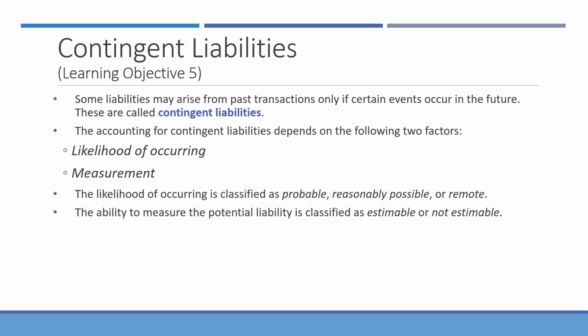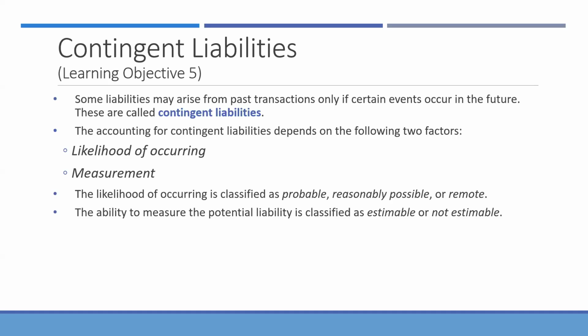And it is measured on the likelihood of occurring and the measurement. So for likelihood of occurring, picture a lawsuit. A lawsuit happens. We don't know if we're going to have to pay for this lawsuit or not. So that would be a likelihood of occurring. And then measurement is how much is the judgment going to be for the lawsuit?